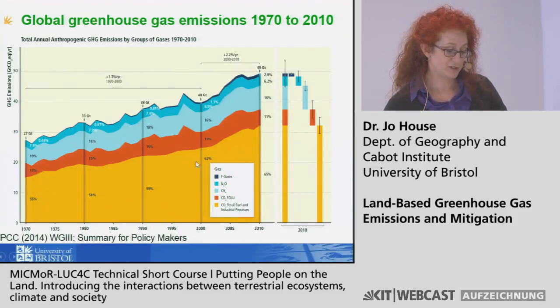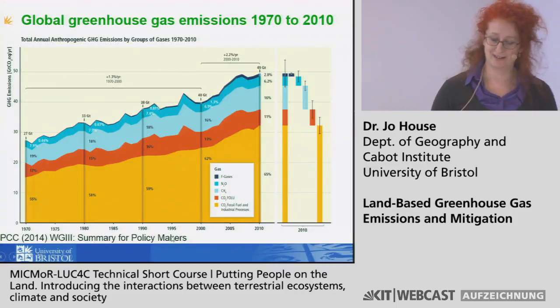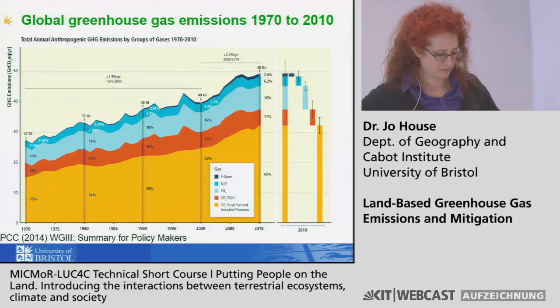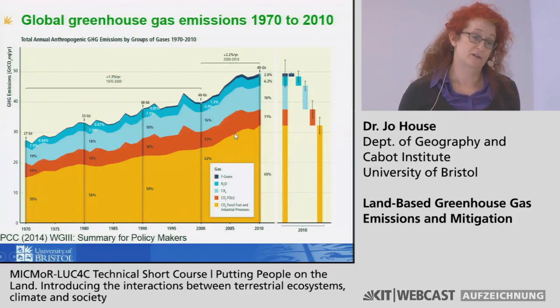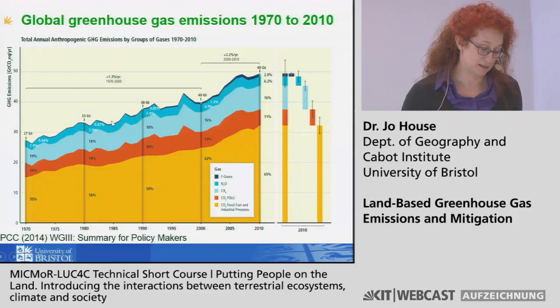The CO2 emissions from fossil fuel and industrial processes are that rather shockingly large strip in orange. Here we have methane emissions in pale blue, and as Alma said yesterday, the majority of the methane emissions are from agriculture and the land sector. And here we have N2O emissions, which also contain a lot of agricultural emissions, and then the F gases.